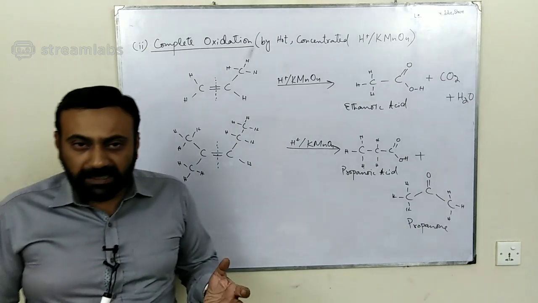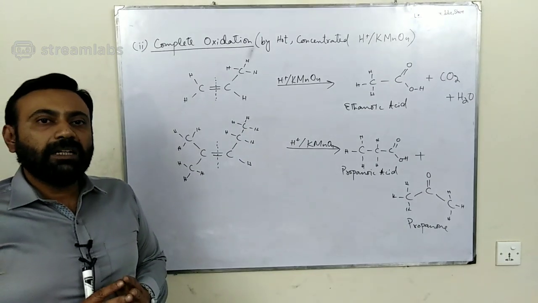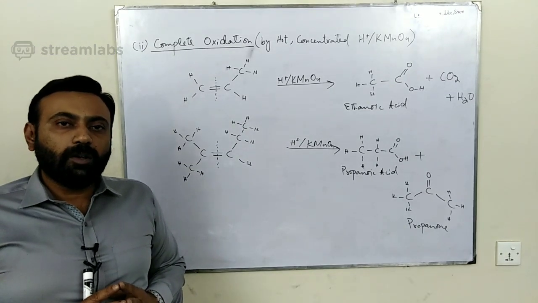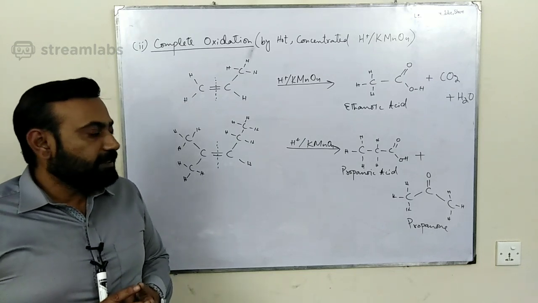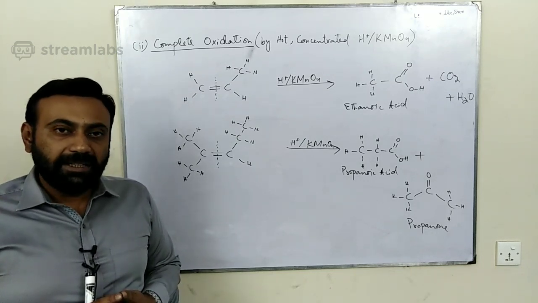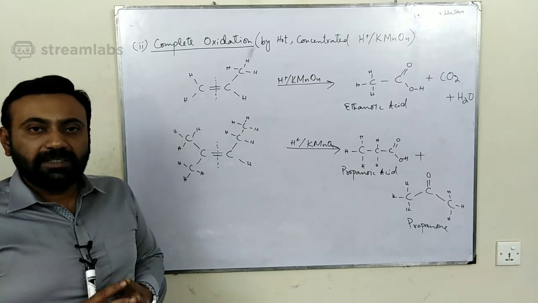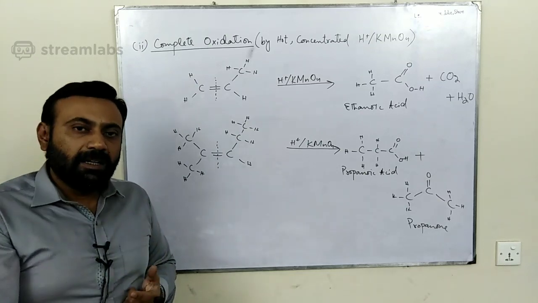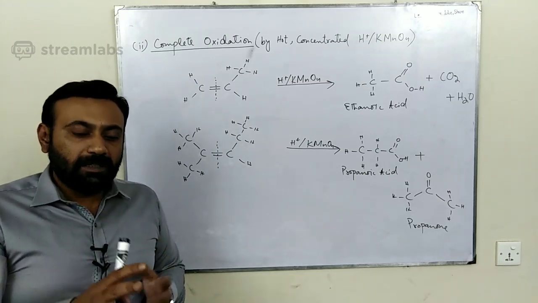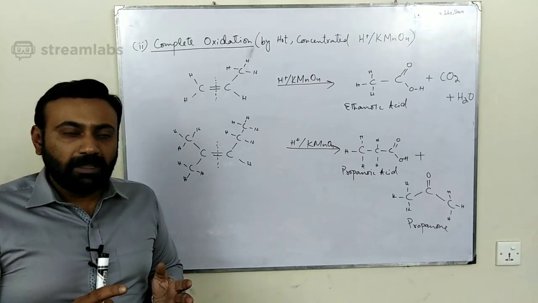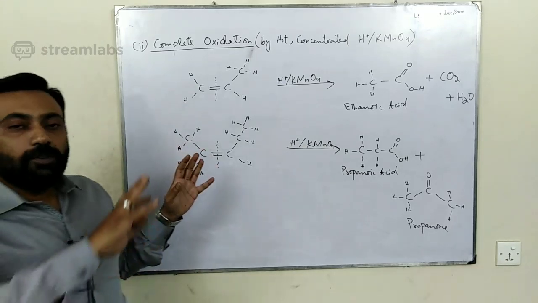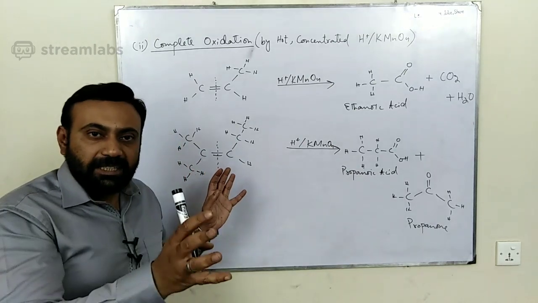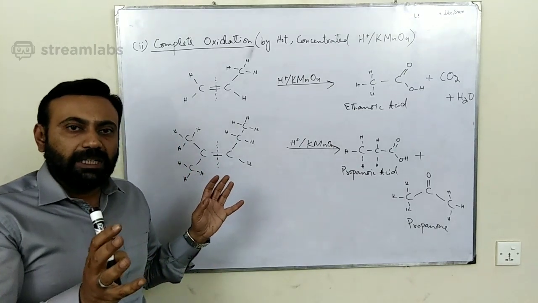When we are oxidizing alkenes by using hot and concentrated acidified potassium manganate, there are three different scenarios. First, you have to break both the bonds which are part of the double bond. After that, you have to look at each side separately, individually.